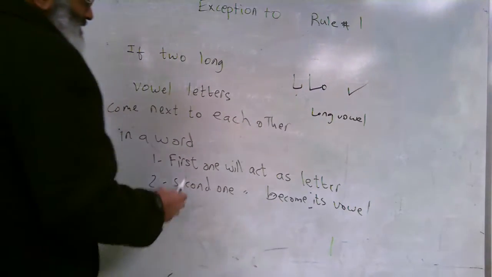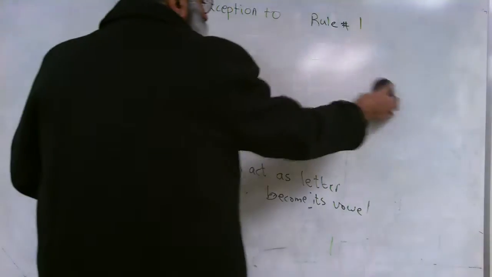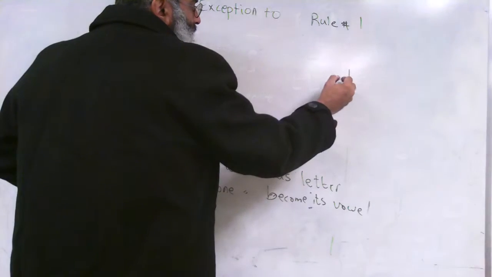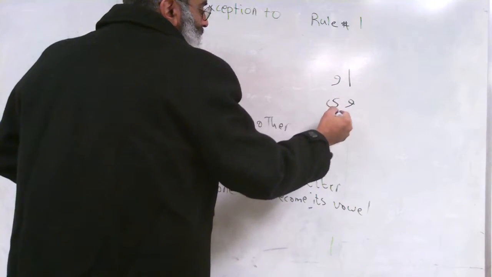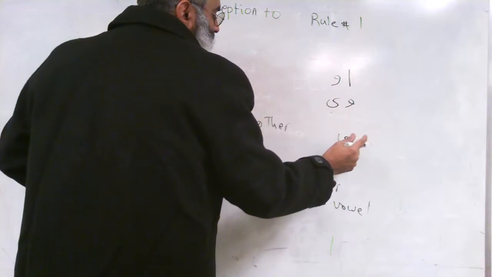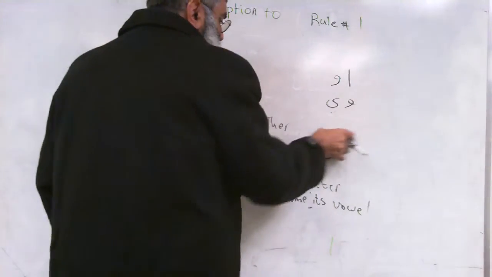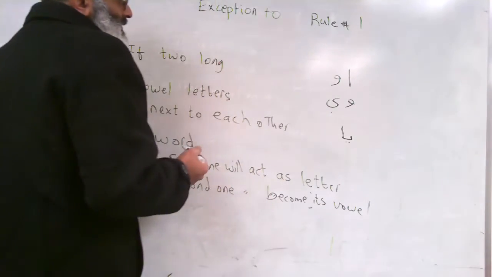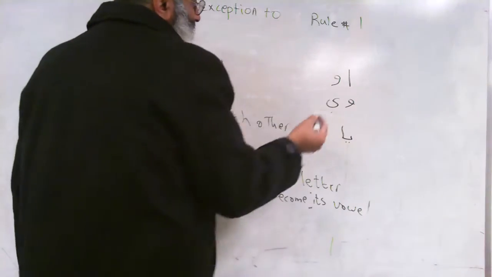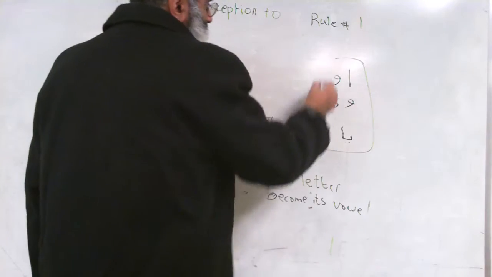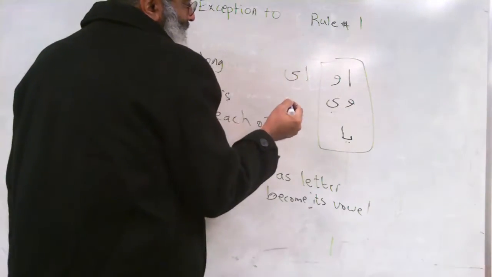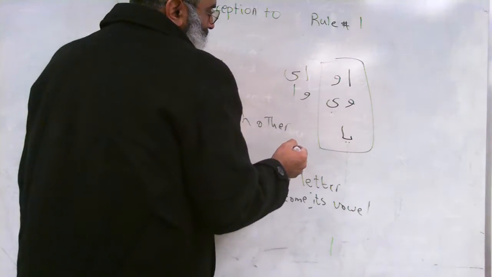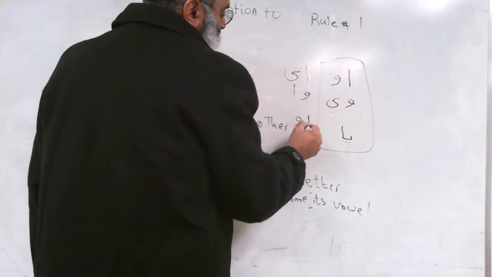So if you have alif with waw, or waw with ya, or ya with alif, or any other combination such as alif with ya, waw with alif, or ya with waw.